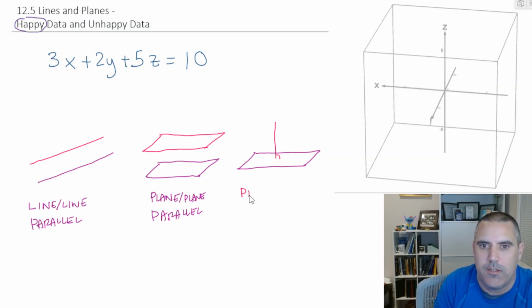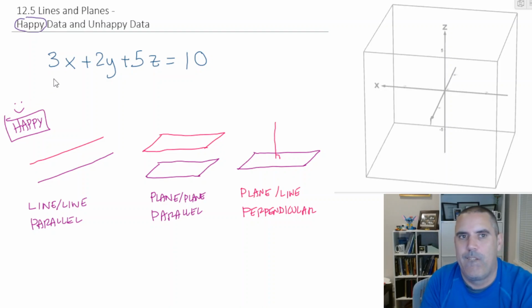So if you have a plane and a line, and they're what we say orthogonal or perpendicular. So you might think for a second why I call those the happy situations. These three. Put a little smiley face there.